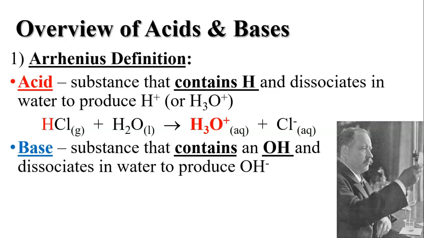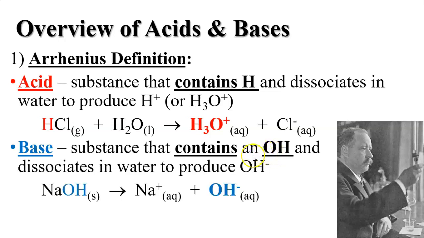For bases, he defined a base as something that already has hydroxide, and when you mix it with water, will release that hydroxide, just like this example down here. So according to the Arrhenius definition, sodium hydroxide is a base because when you mix it with water, it lets go of a cation, and then specifically it releases this OH hydroxide ion.